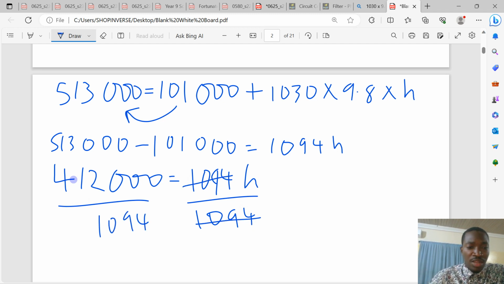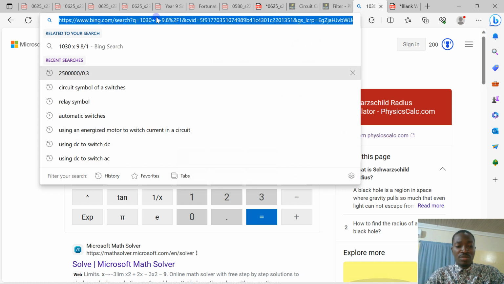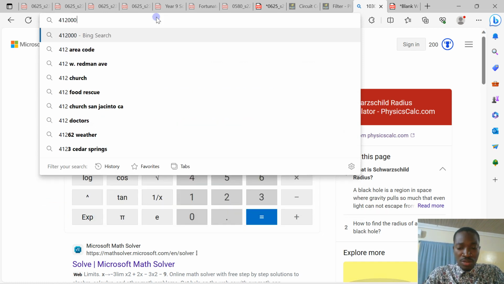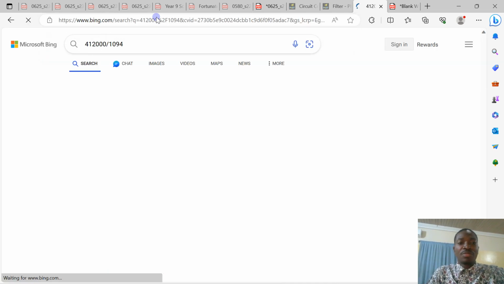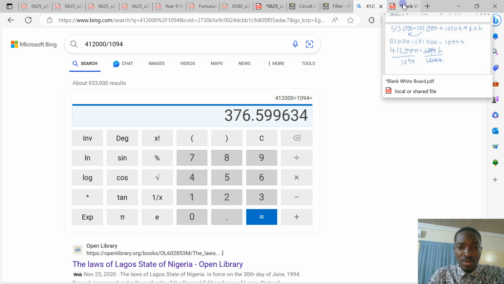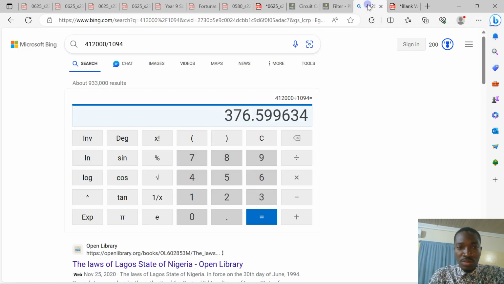So you have the height as 412,000 divided by 10,094. 412,000 divided by 10,094 gave us 376.